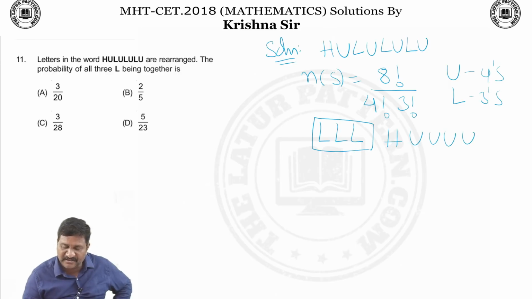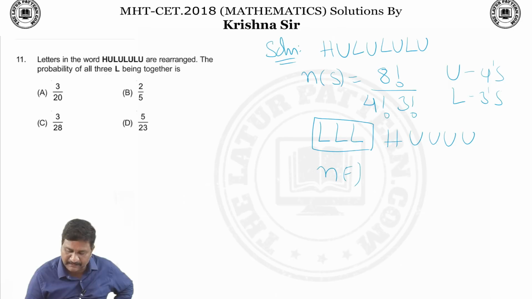Now how many letters are there? 1, 2, 3, 4, 5, 6. So n(E), the number of ways for all three L's to come together, is 6 factorial, in which U is repeated 4 times, that is 4 factorial.